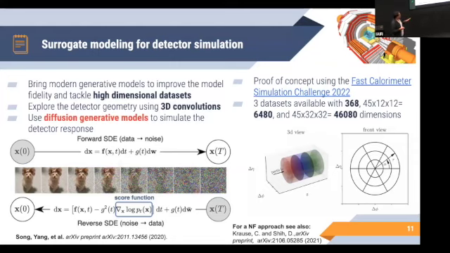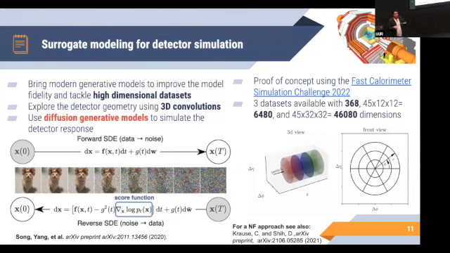And to show that this approach can actually work for detector simulation, I will show some results on this recent simulation challenge, the fast calorimeter simulation challenge, where the goal was to propose different models that could try to reproduce one of these three available data sets. We had one data set with 368 voxels, or detector readouts, to simulate.